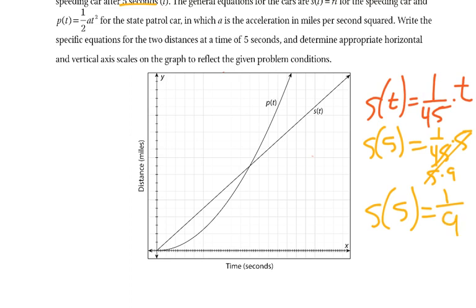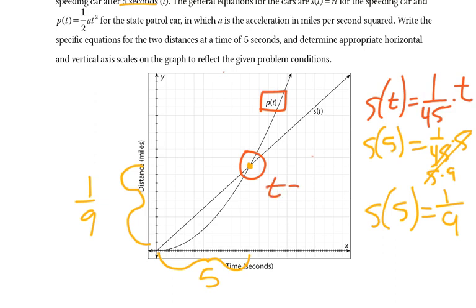So if we're looking at this point after 5 seconds, this time of 5 seconds would give us a distance of 1/9 of a mile. Now, since that's the point where they're the same, to help us figure out this patrol car, we know the t value is 5 right here, and the p of t would be 1/9, same as s of t.